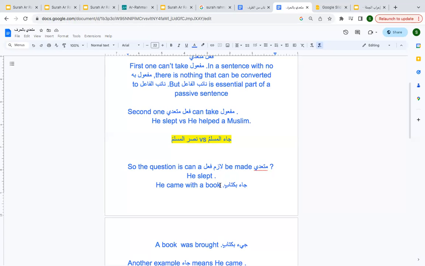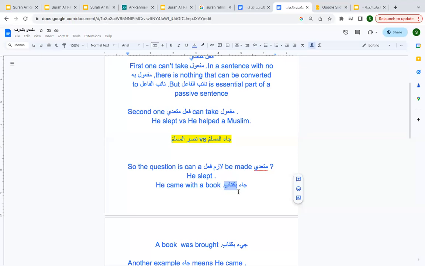So in here, what is the book? Is it a doer or an object? What do you think? Though it has a bi attached, just think, as a sentence, because in English you don't do jar wal majroor, so just think of it as doer, object, or done to. It's an object, right? So it is kind of my maf'ulun bihi.